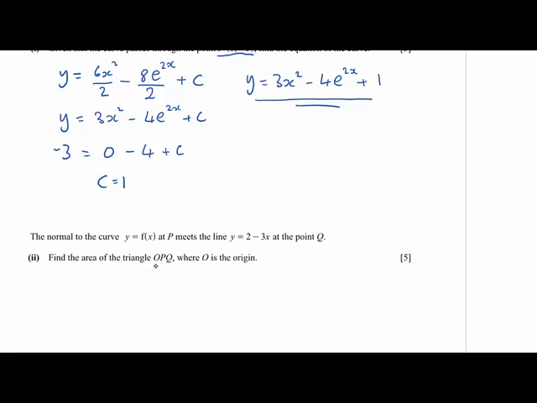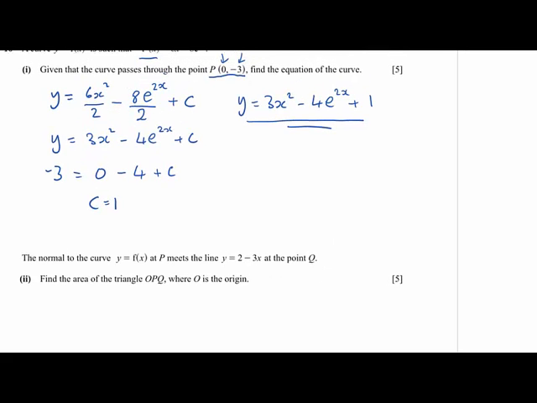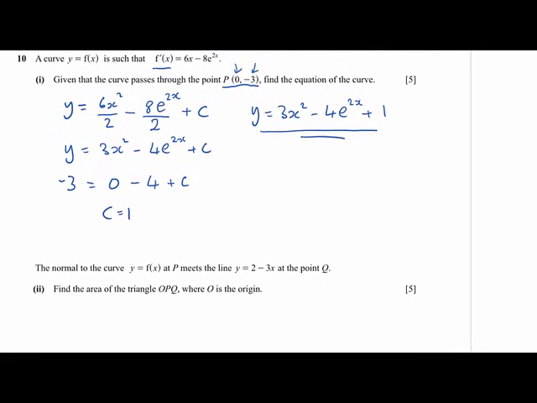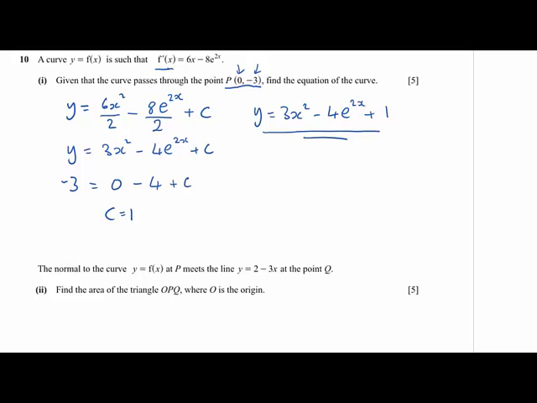Okay, so we've got the point P up here, and the tangent at P. That's going to be f dashed of 0 would be the gradient of that, because of course P has x coordinate 0.